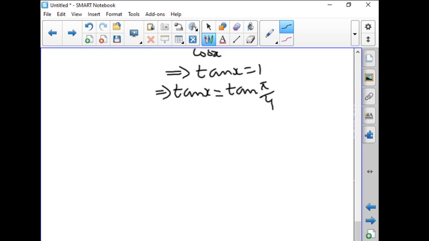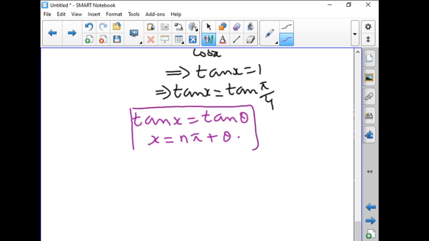So you have studied in general solution in trigonometry in +1, when tan x is equal to tan theta, then we have x is equal to n pi plus theta. Okay, this is the general solution we have studied.